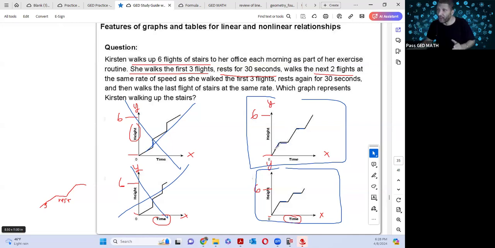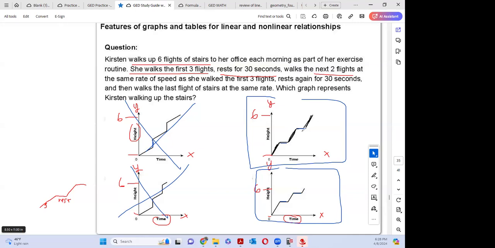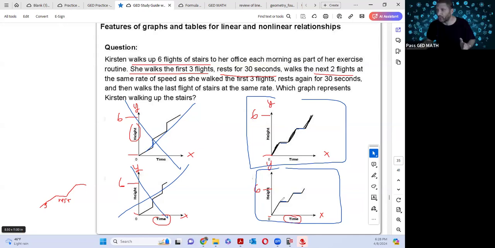So the lengths of the lines here can't be the same size. If I went 3, 2, and 1, they had to be getting shorter. So that's the 3, that's the 2, that's the 1. So this is the correct answer for this question.